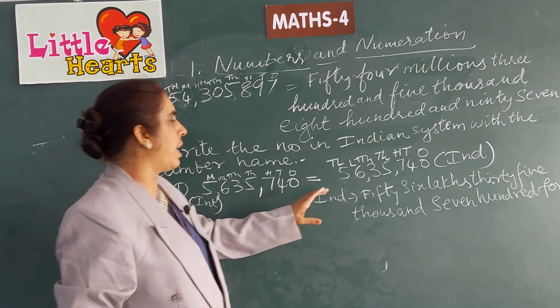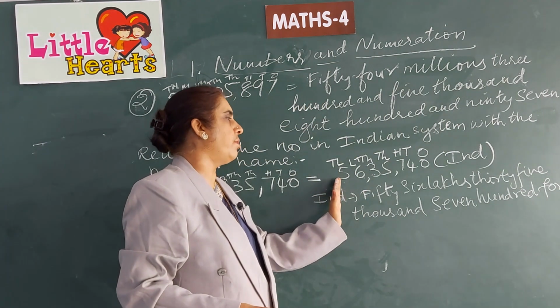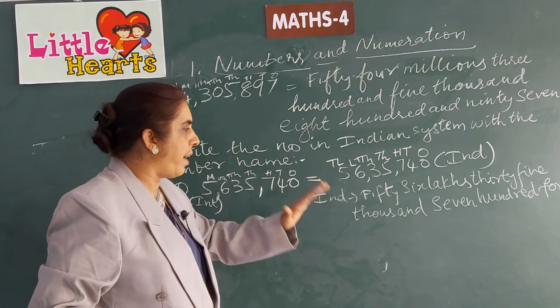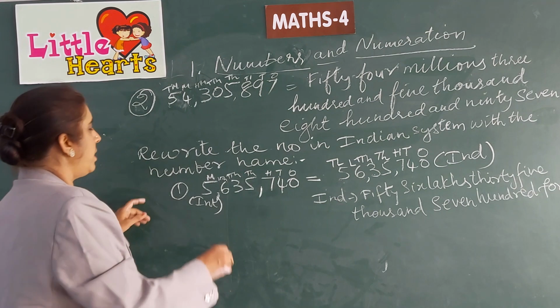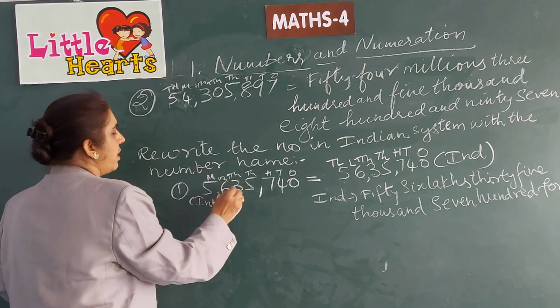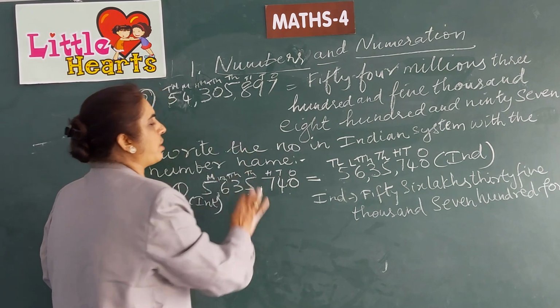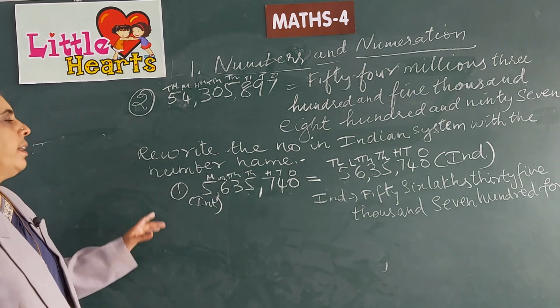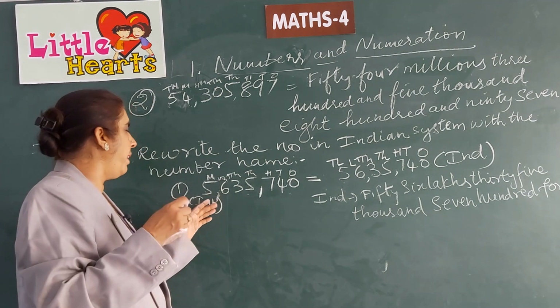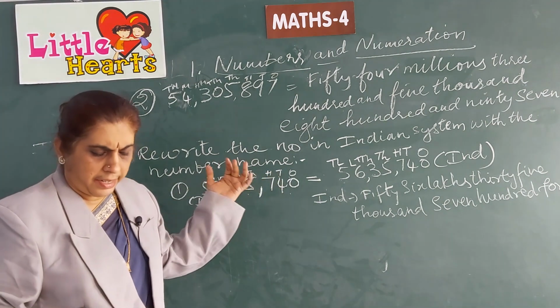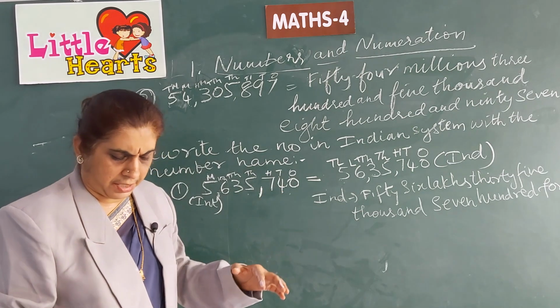Just change the commas according to the Indian place value chart and read the number name according to its places and write the number name. Now this is 5,635,740. In this way, we can write a number from the international system to Indian and Indian to international system.